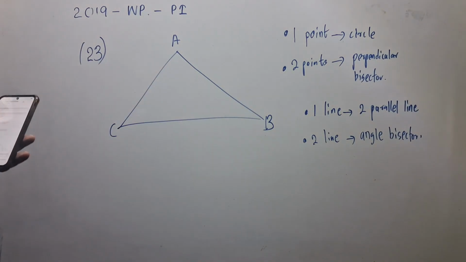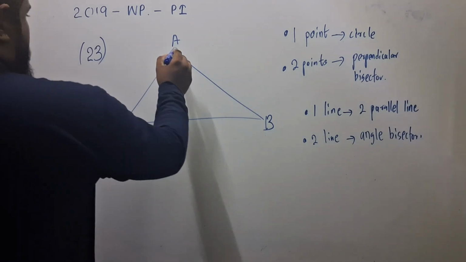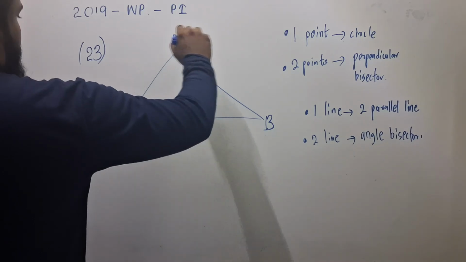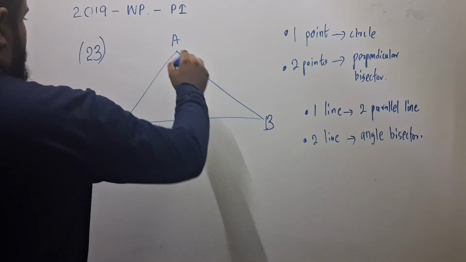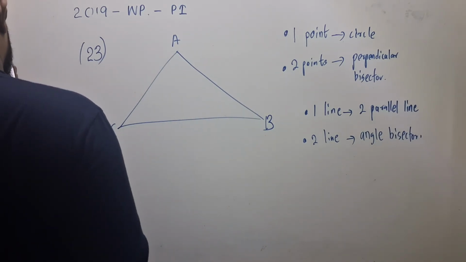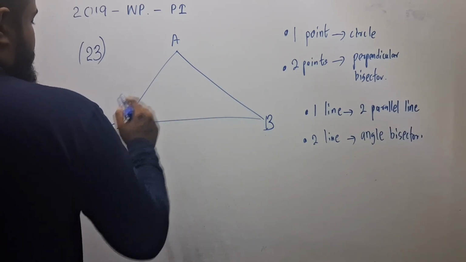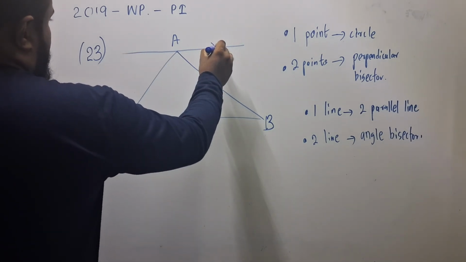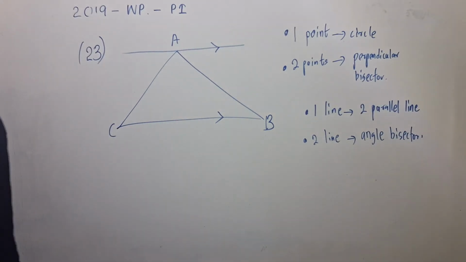So how to draw that? You have to consider this thing. The circle should go through A. Okay. And it should be parallel to side BC. If you draw, they are asking for this question. So you can draw this line as the parallel line.